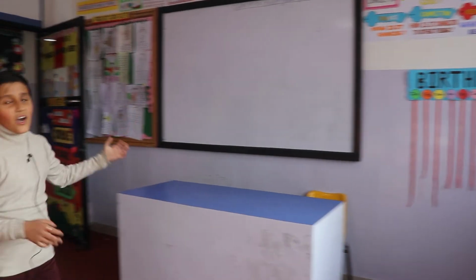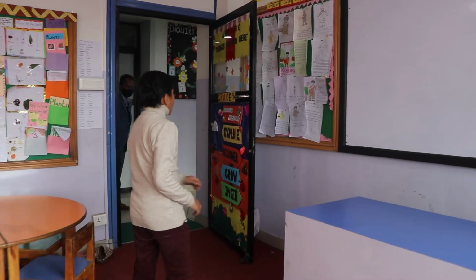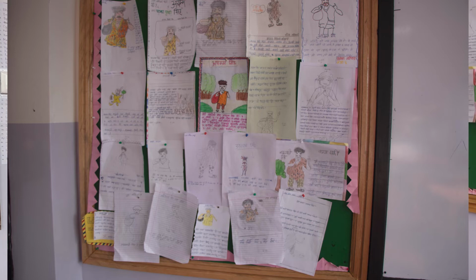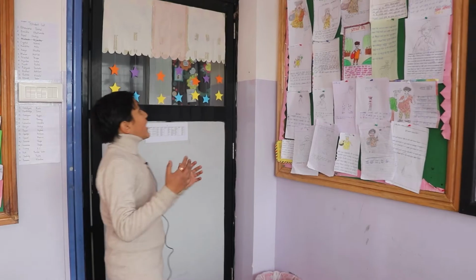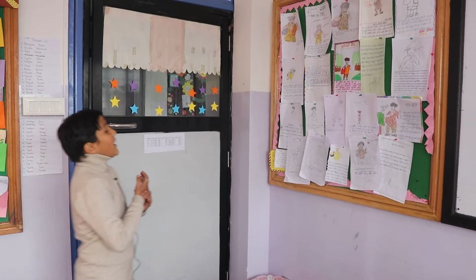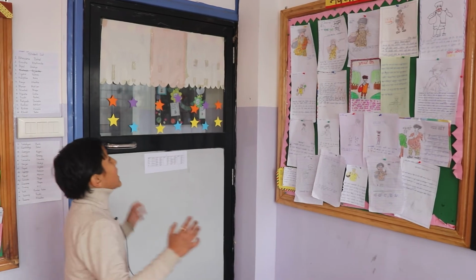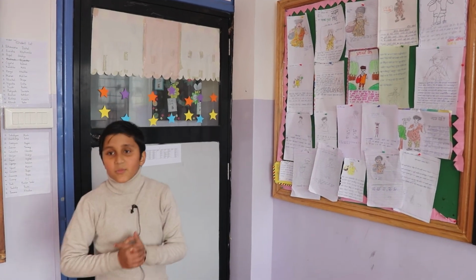And finally our whiteboard. And after this we have this Nepali board where we have pasted pictures and written about them. And now we are learning the book named Saja Prithvi. Thank you.